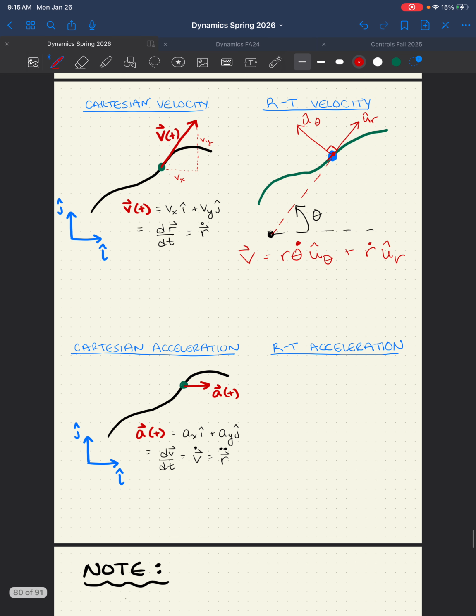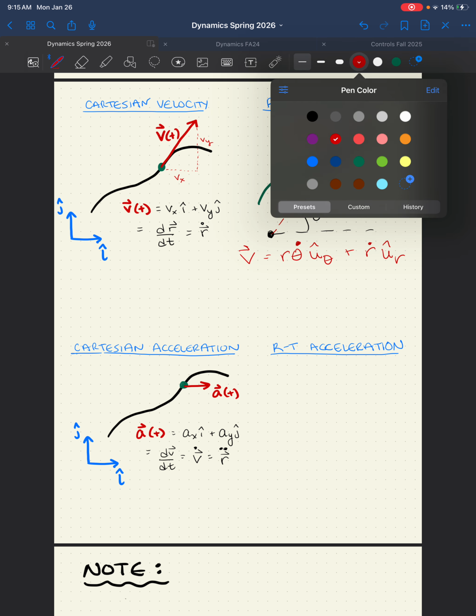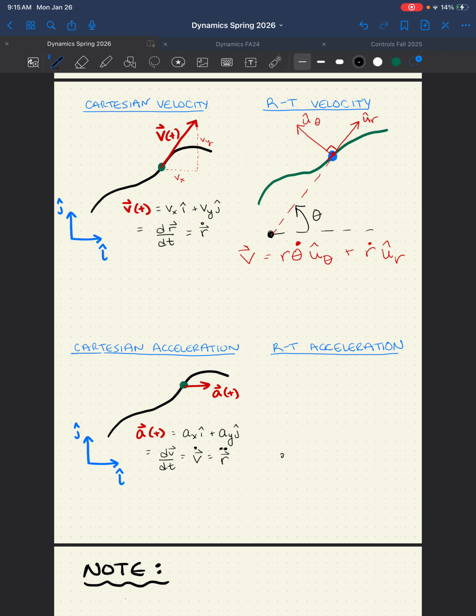Okay, let's do the same thing for acceleration. So again, got to set my origin. Not sure why I don't have a path already drawn here. Sorry about that. We'll do a path, put my particle on that path. And I like to draw my radial direction from the origin out to the particle and then pointing in the same direction out from the origin.